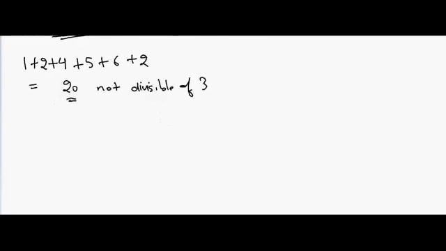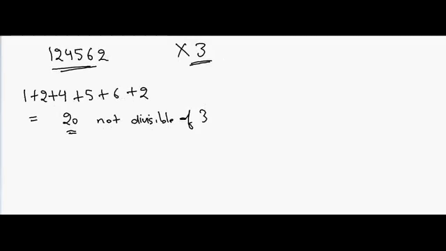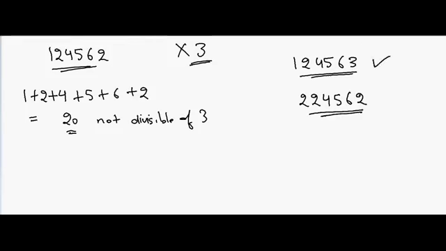So what should the number be if it has to be divisible by 3? Instead of 2, if you make it 3, so 1, 2, 4, 5, 6, and 3 at the end, then the sum becomes 21, so that number should be divisible by 3. Or we can change another digit: 2, 2, 4, 5, 6, 2 should also be divisible by 3.